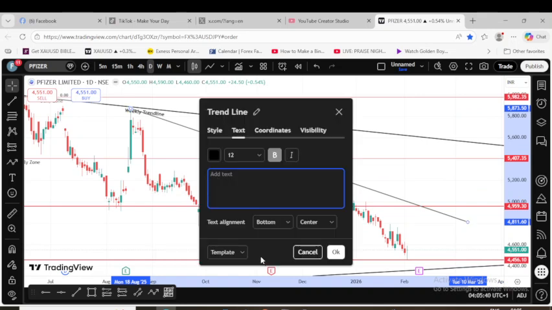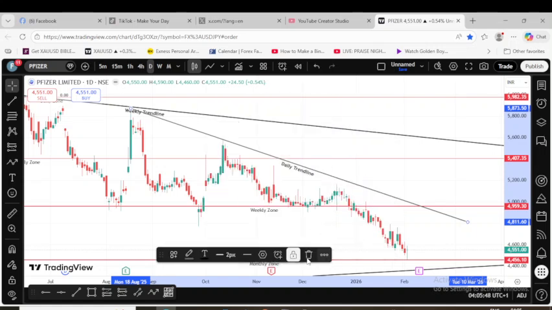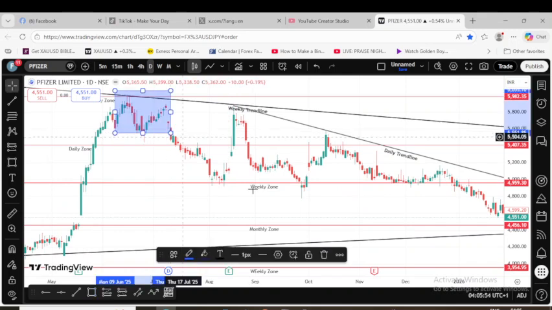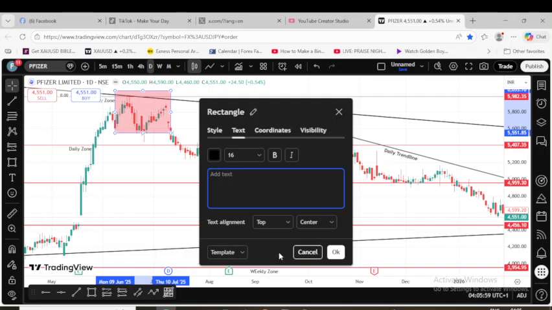This is our daily time frame trend line. This is obviously our trend origin because price has been continuing a bearish downward trend since this point. So this is our trend origin. Let's put it inside.